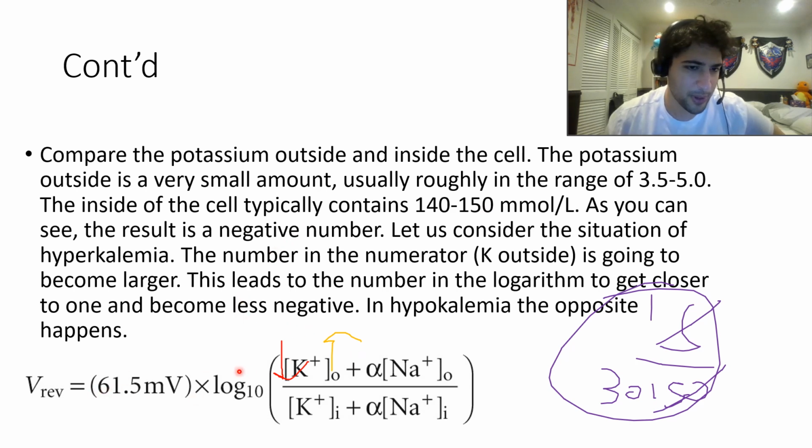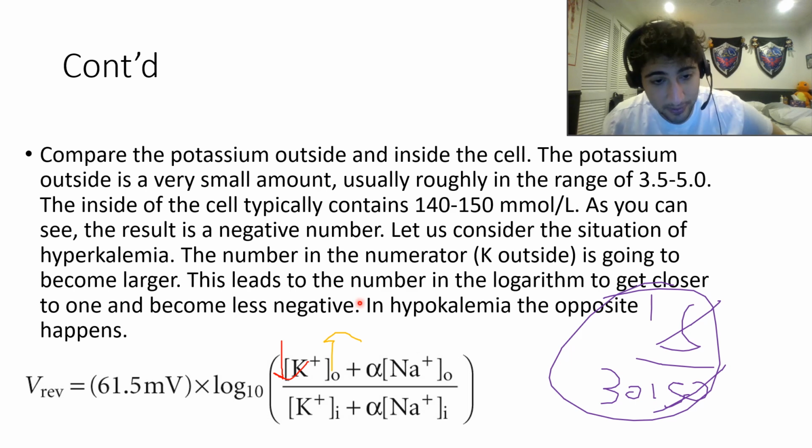So when we look at the expression again, in hyperkalemia, the number outside becomes larger. Whatever's in here is getting closer to 10, and it's going to be less of a negative number. As we look over here, in hypokalemia, if the potassium outside the cell is decreasing, the whole expression gets smaller.